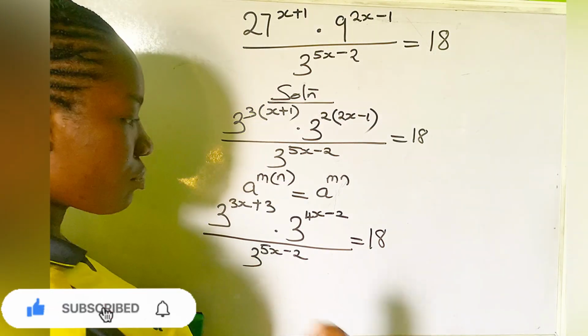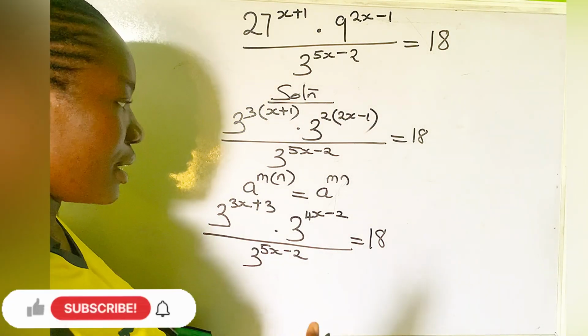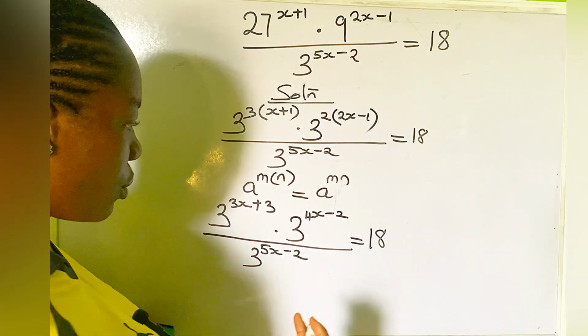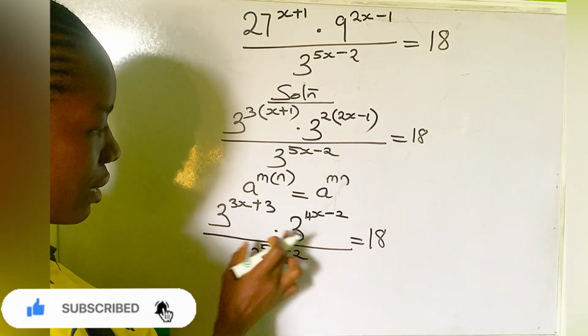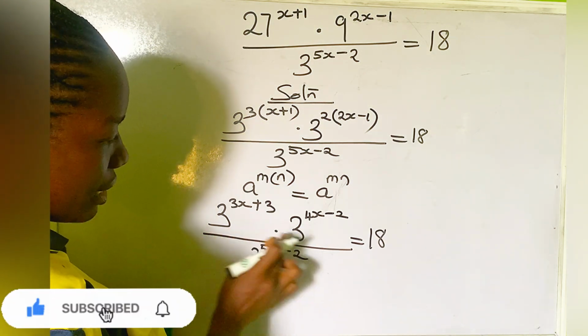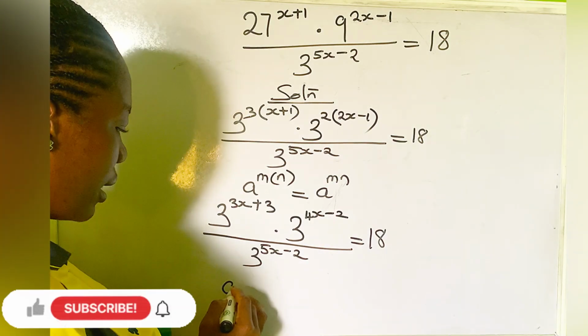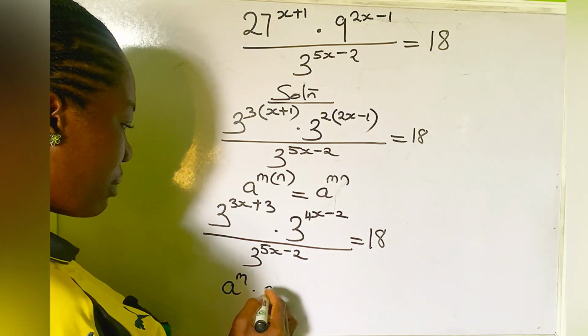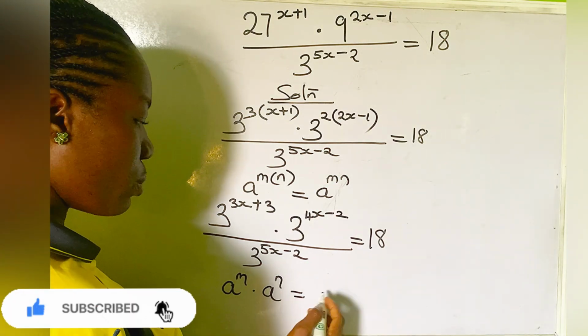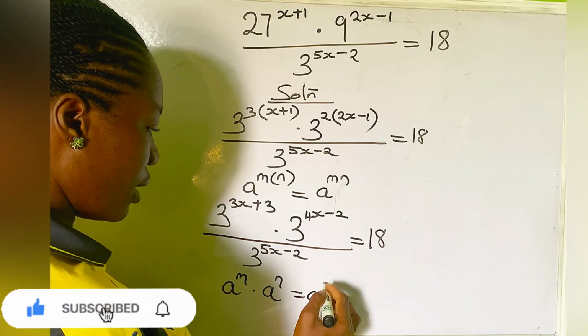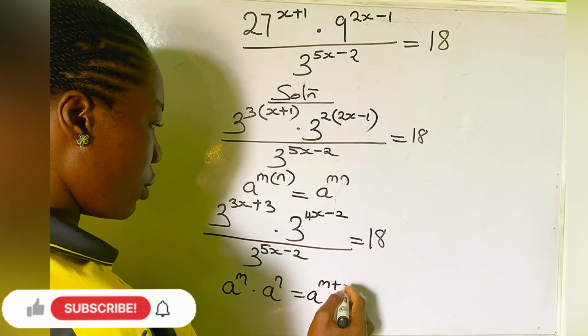Okay? Now, let's look at another rule: when you have two powers multiplying each other, like a to the power of m multiplied by a to the power of n, we're going to be adding the exponents. So we'll now have a to the power of m plus n.